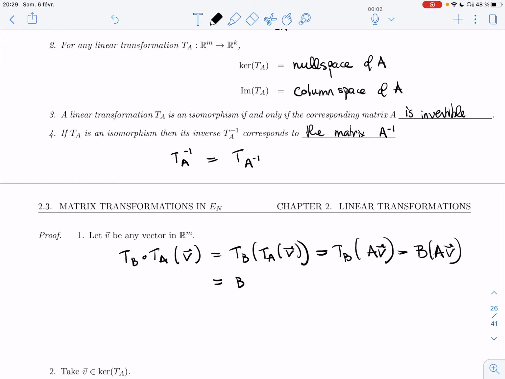I'm going to get BA times v, and multiplying by BA, that's what T_BA does. So this map and this map agree on a random element, and so they're equal as functions.